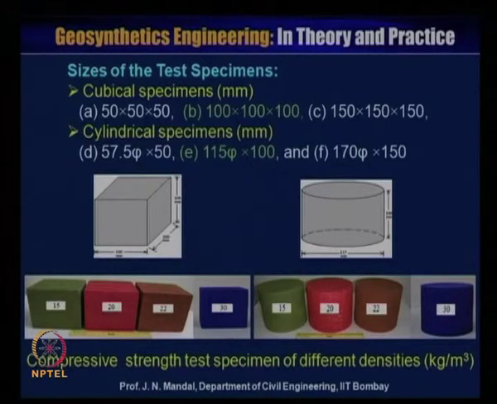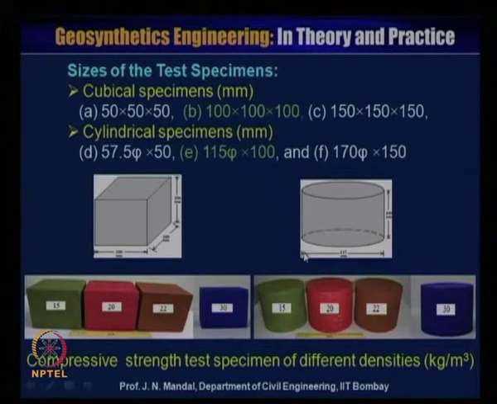And C, 150 millimeter into 150 millimeter into 150 millimeter. Also, you can perform this test as a cylindrical specimen test. So, this cubical specimen is 100, 100, 100, let us say, and this is the cylindrical specimen.